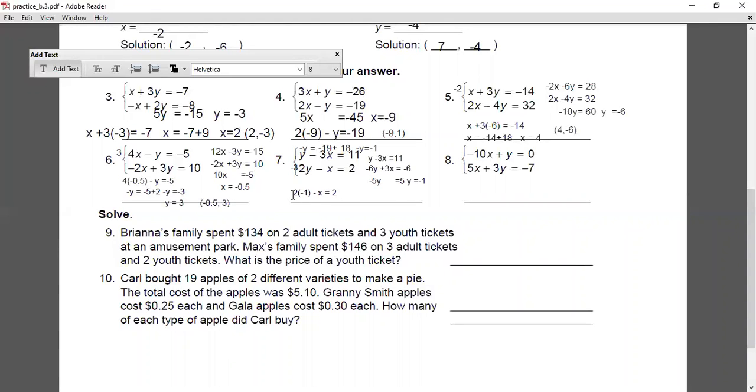The next step is negative x is going to be equal to 2 plus 2, because 2 multiplied by negative 1 is going to give you negative 2. So when it moves to the other side, that becomes 2 plus 2.